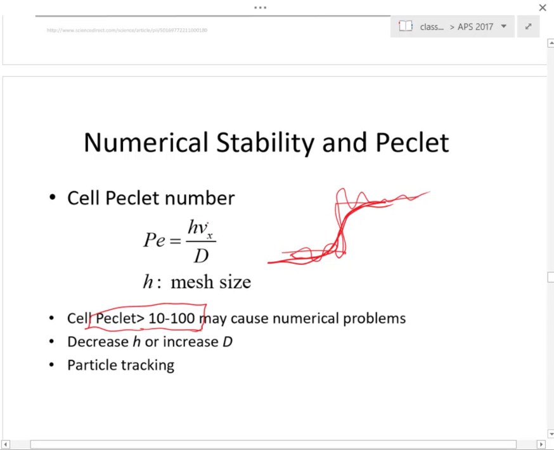There are two options. The velocity probably isn't an option, because that's the flow field that you're interested in. So either you can increase the dispersion or you can decrease the mesh size. In some cases, you may be able to justify increasing the dispersion a little bit.